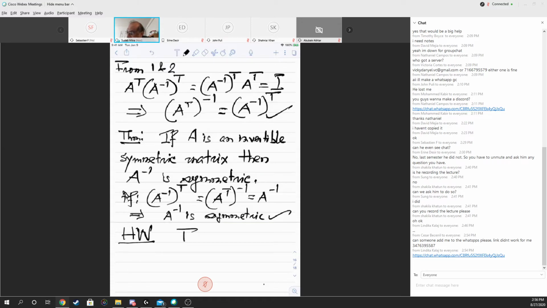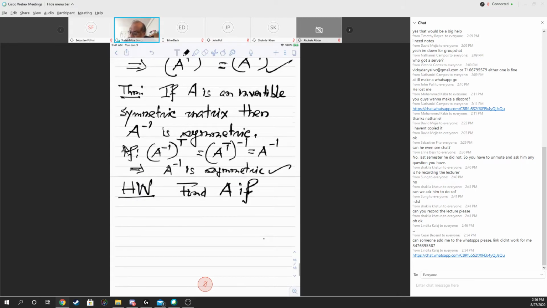Homework. I will give you time to copy. Find A if. This is a good problem. Number one, 7A inverse is minus 3, 7, 1, minus 2. I will give you time to copy, don't worry.